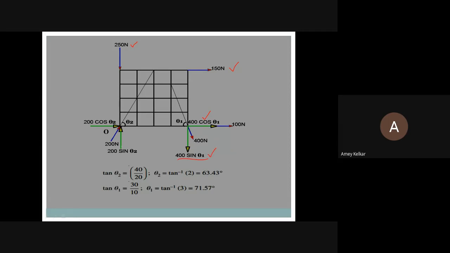Now this 200 force which is going inside, again inclined with the x-axis, I have broken as 200 cos theta 2 and 200 sin theta 2. So now this blue colored force, you can remove it as we have taken the components, and these two forces remain as they are.